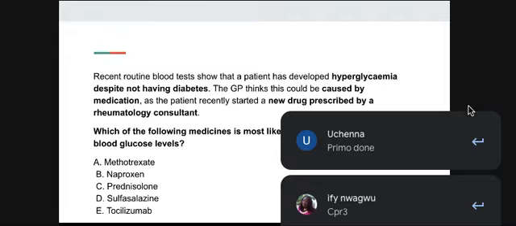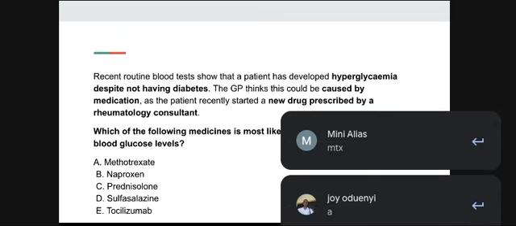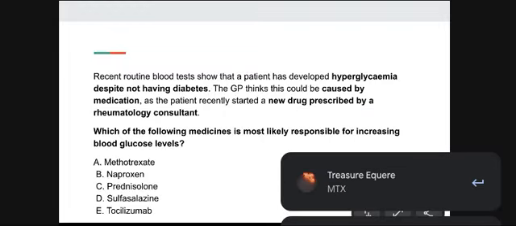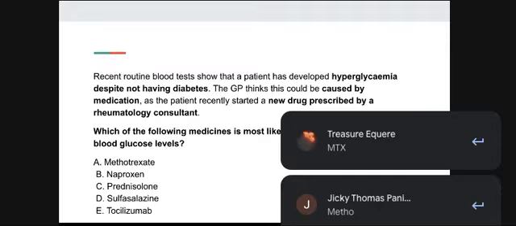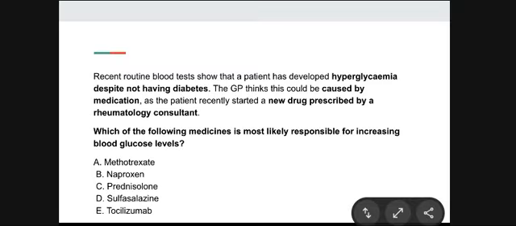Okay, so the next question is, which medication on my list would cause pulmonary toxicity, liver toxicity, and also phototoxicity? Out of options A, B, C, D, and E, which of them would cause these? Methotrexate, yes. So remember, methotrexate could affect the lungs. Methotrexate could also affect the liver. We had a mnemonic, BLUR G: bone marrow toxicity, liver toxicity.